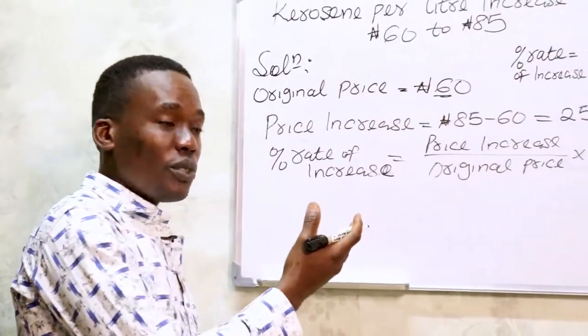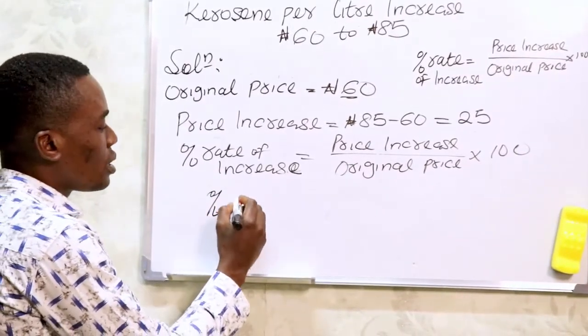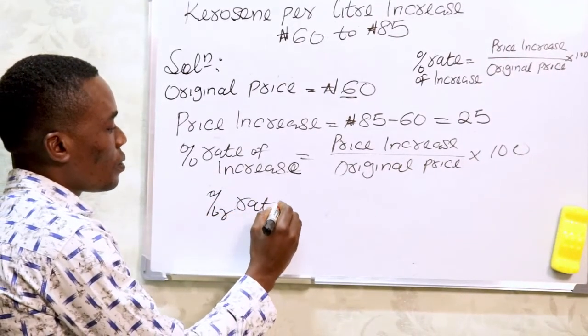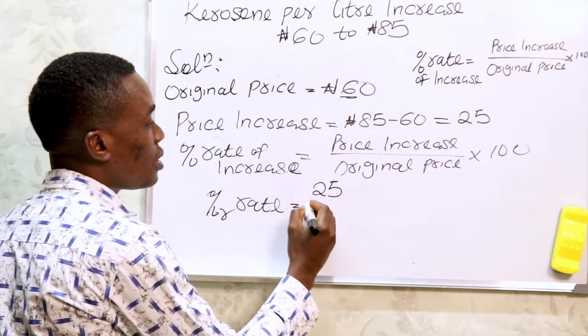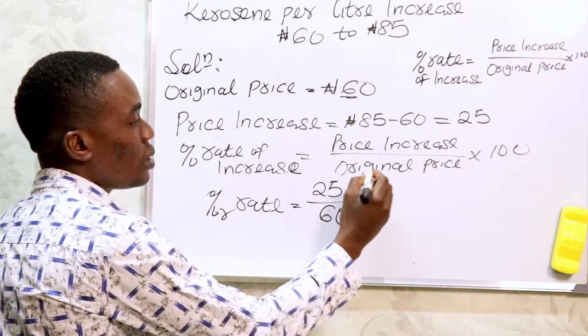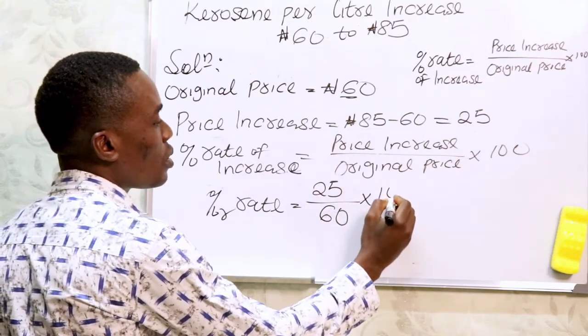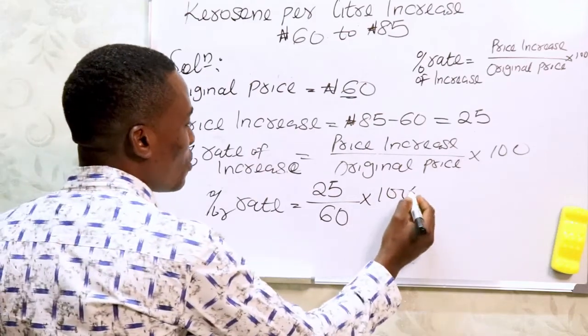Following this expression, our percentage rate is equal to 25, which is the price increase, all over 60, which is the original price, times 100.